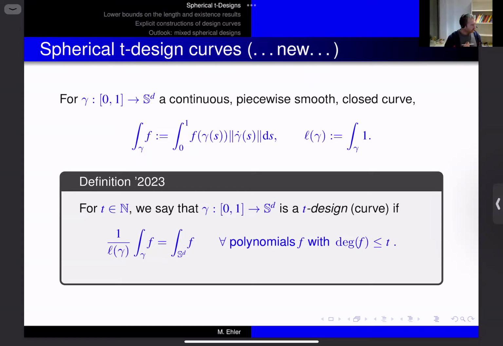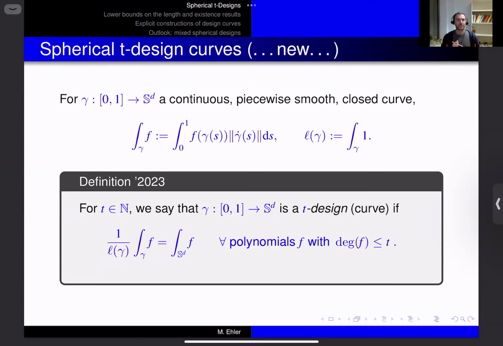Now, I have learned, of course, in my very early days as a mathematical student, that once you have made a new definition, you always have to make sure there is an example. Luckily, there is one very easy example, and for t equals 1, so we're just trying to integrate all polynomials of total degree at most 1.